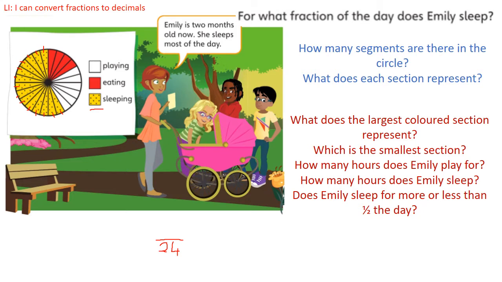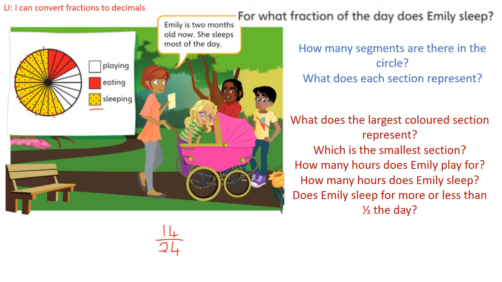So our numerator is the number of sections that we have just counted. So in this case, that is the number of sections that show when Emily was sleeping. Now, as you can see, we've now got a fraction of 14/24. But this is not in its simplest form.